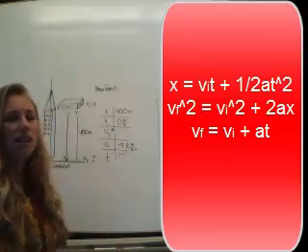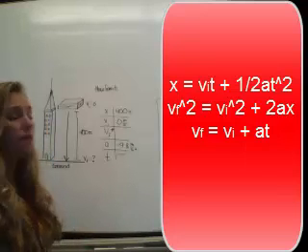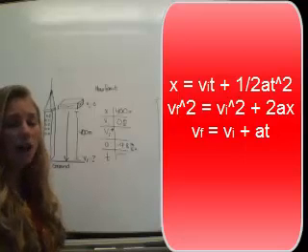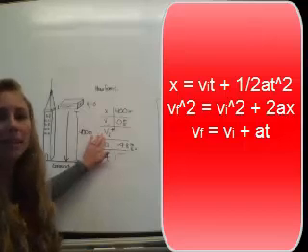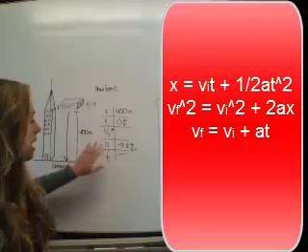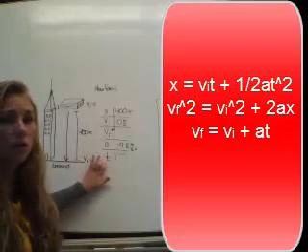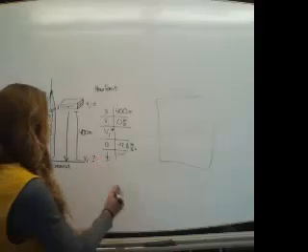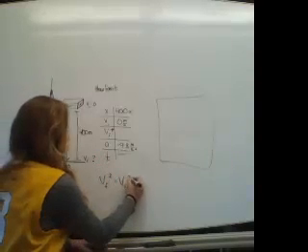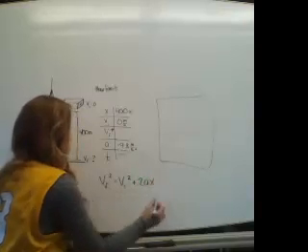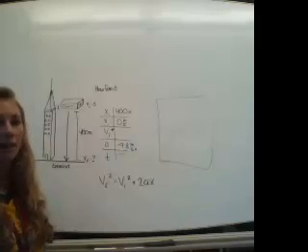So now your decision is, which equation should you use? Remember, there are 3. Well, the key here is to find an equation that has Vf, because that's what you're looking for, and does not have t. If it has t in it, we're going to have 2 unknown variables and we're going to get stuck. So which equation is that? Vf squared equals Vi squared plus 2ax.